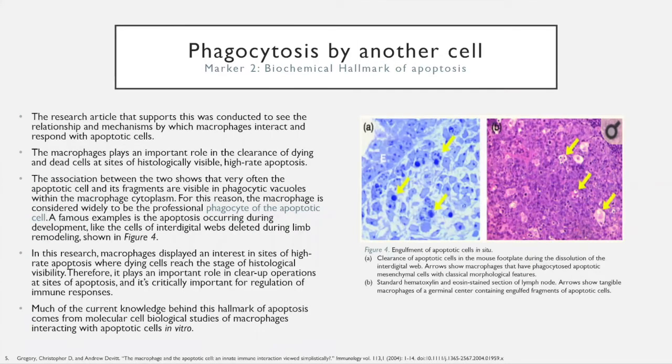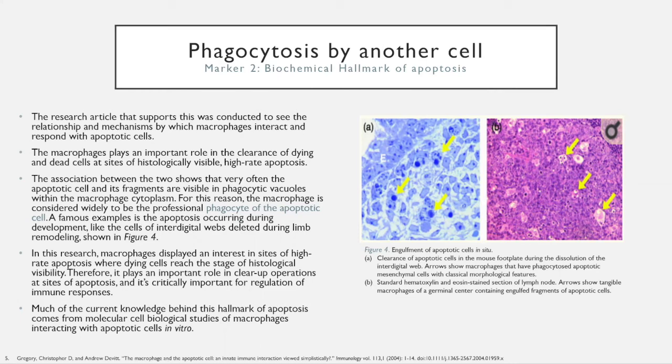The other research that I went over was the phagocytosis by another cell, which is also, aside from the previously mentioned hallmarks, a hallmark of apoptosis. The research article that supports this was conducted to see the relationship and mechanisms by which macrophages interact and respond with apoptotic cells.